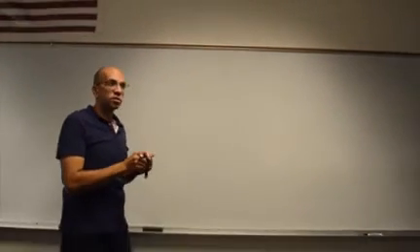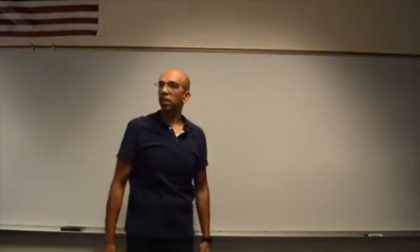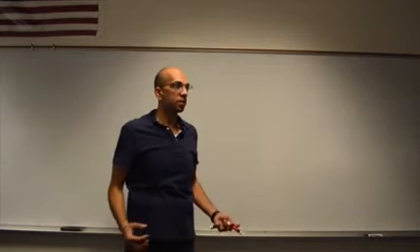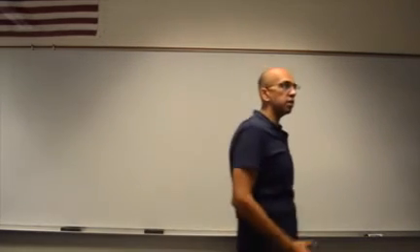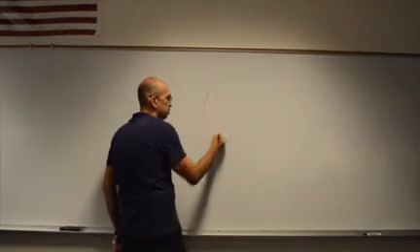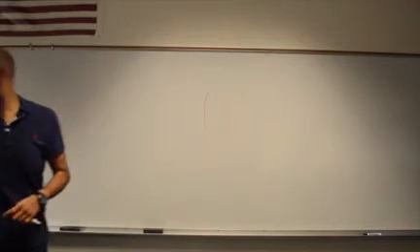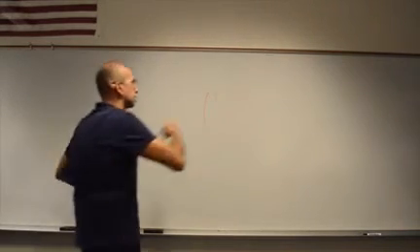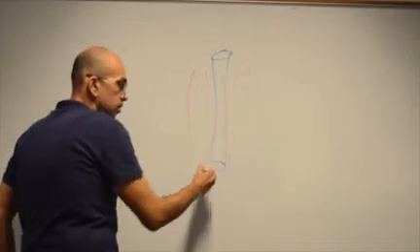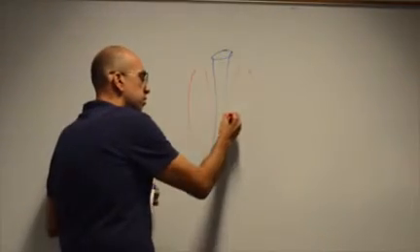The first pump is the fact that you are always compressing your leg veins by the muscle contractions. This is what we call the muscle pump. So when you walk, what's going to happen? Your muscles will start to compress your leg veins. This is my muscle here, and this will be one of my leg veins. When you contract your muscles, you are compressing the veins.